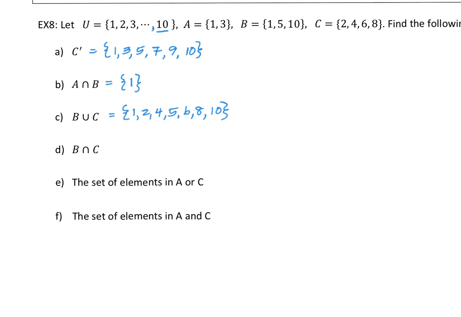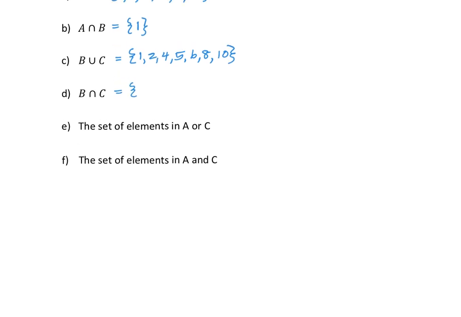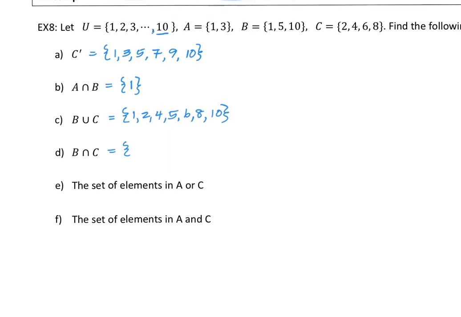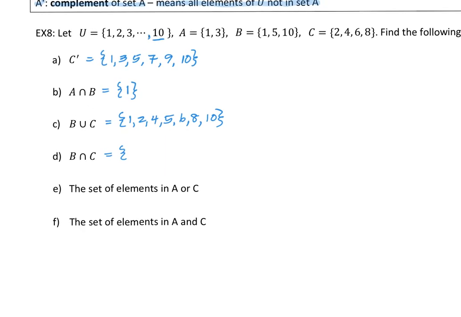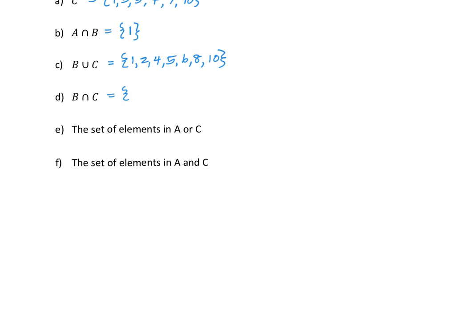Okay, that's it. In D, we want to have the intersection of B with C. Intersection again is what they have in common. If we go back up to B and C, it looks like they have nothing in common. So I'm just going to close my braces to indicate that this is the empty set.